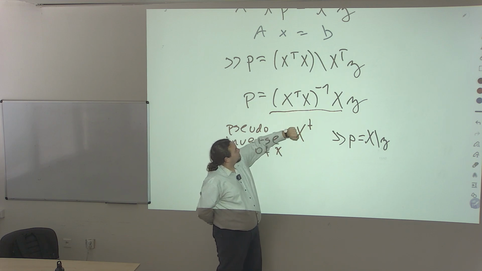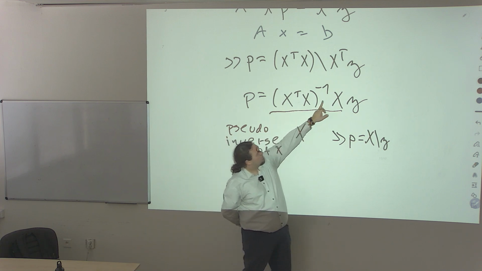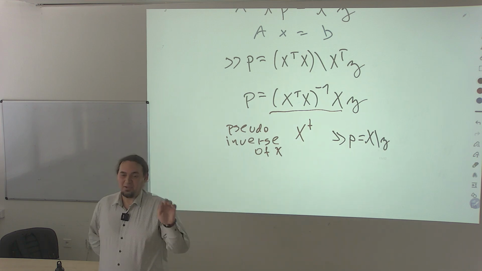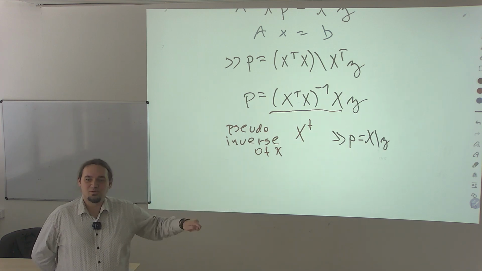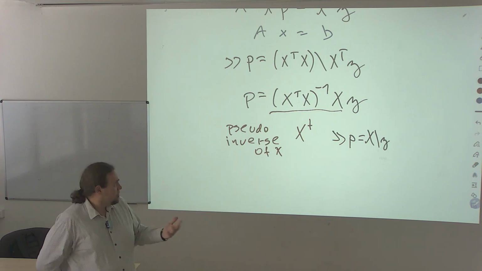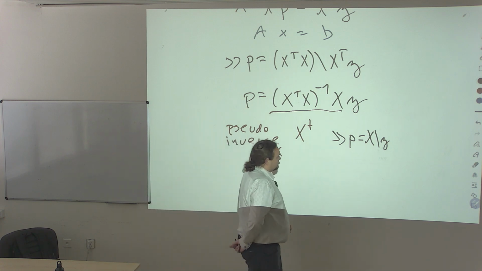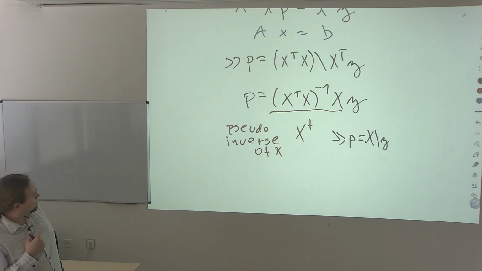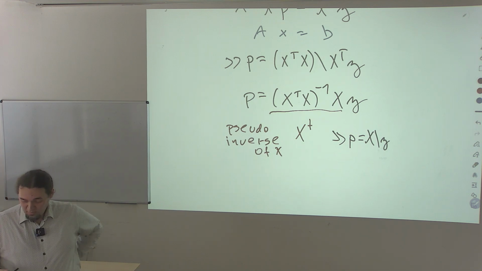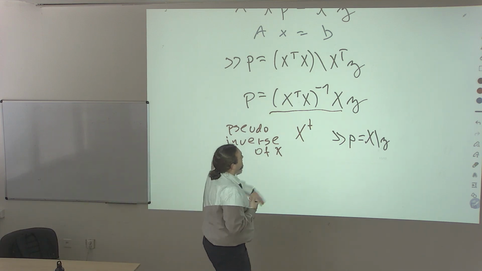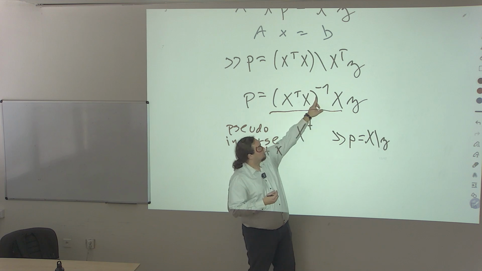Maybe multiplying a matrix by its transpose can be somehow simplified, but definitely it's doing the inverse in the most efficient way that it can. There are different algorithms based on how the X is shaped, these matrix decompositions. So it's a pretty efficient way.